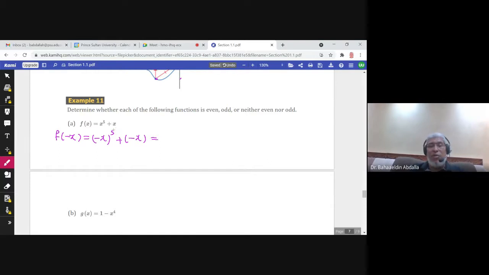Now this is an odd power, so negative 1 to the power 5 is negative 1, and I have x to the power 5, and then plus times minus is minus. Now if you take minus as a common factor from these two terms, I will have x to the power 5, and negative x over minus is plus. So you will have x to the power 5 plus x, and this is f of x.